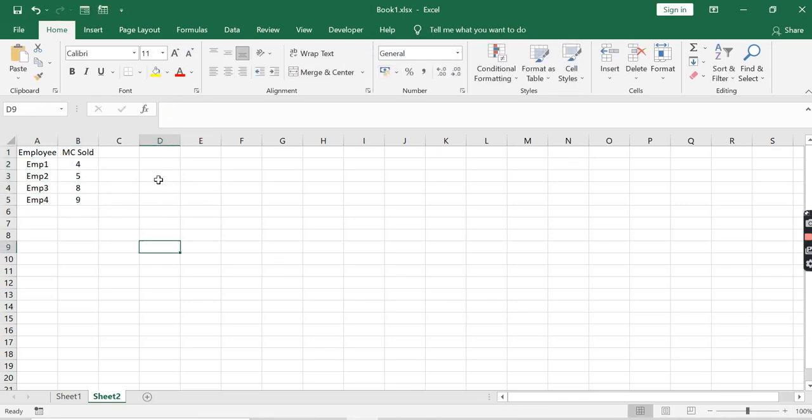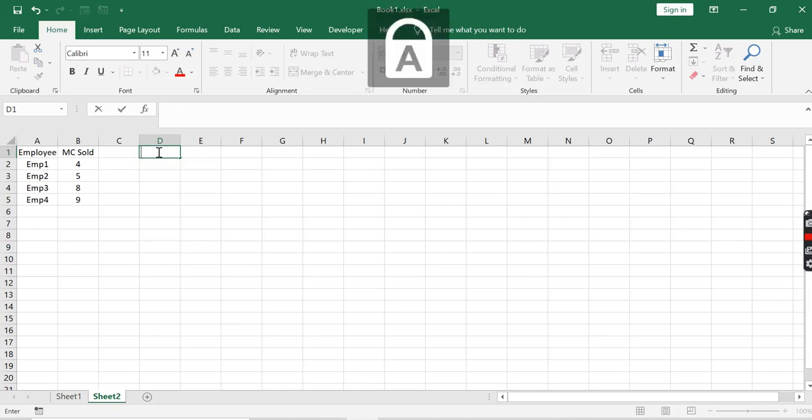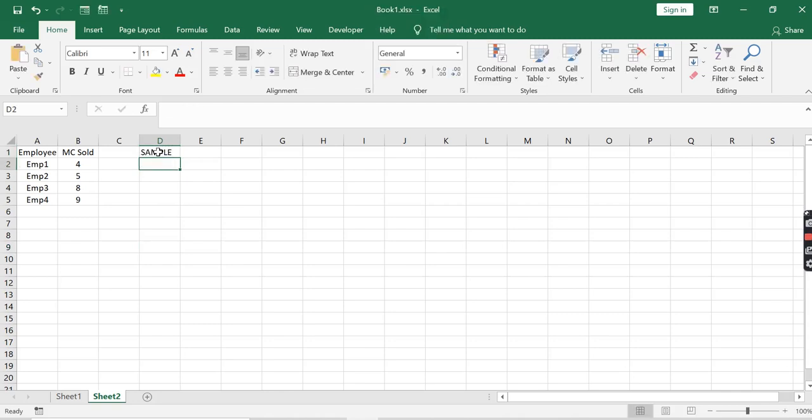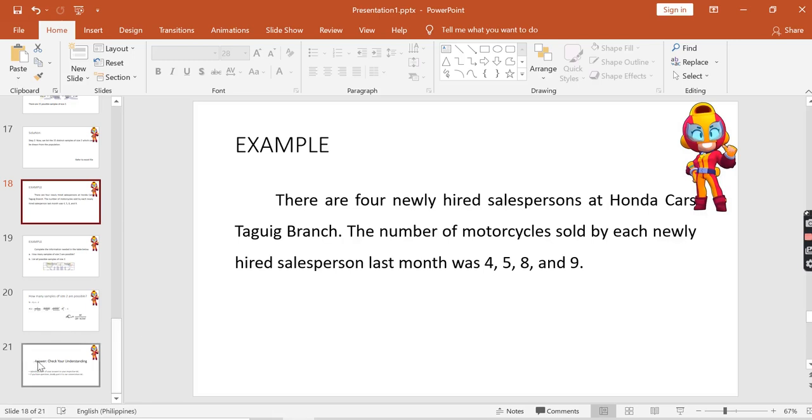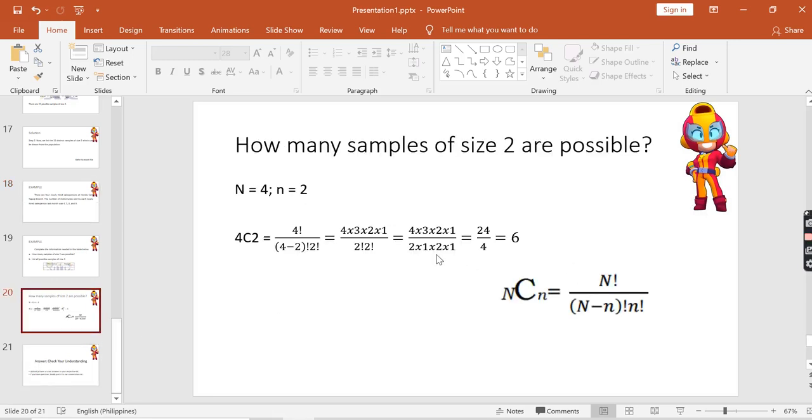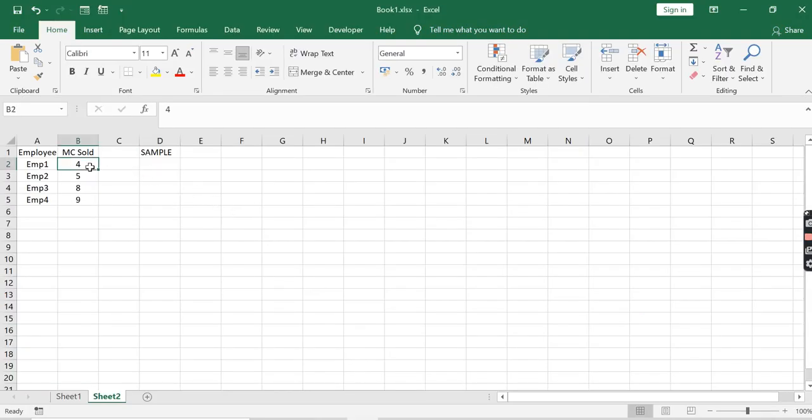Alright. So now let's list down the possible samples. According to our computation, there must be 6 possible combinations. So let's pair them. Let's pair 4 into 5. 4, 5. 4 into 8. 4 into 9.